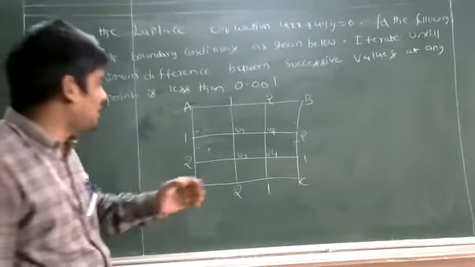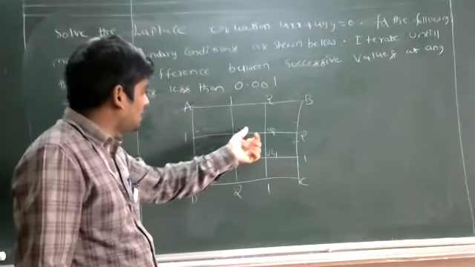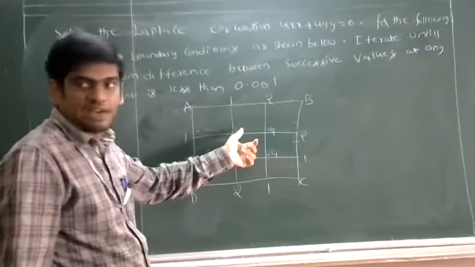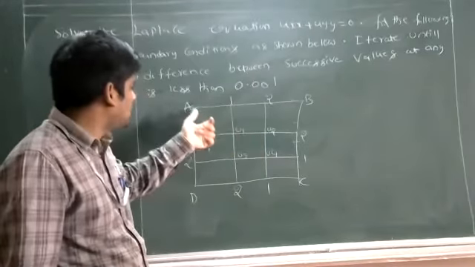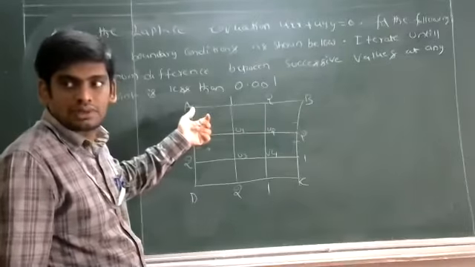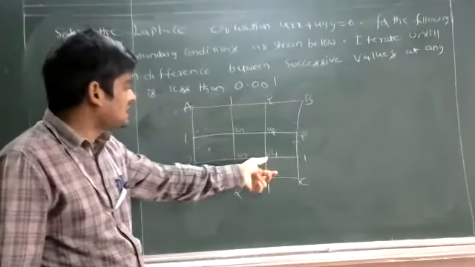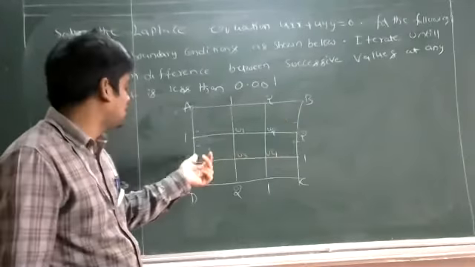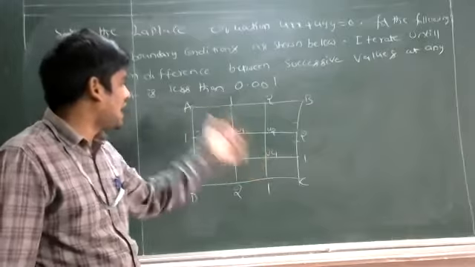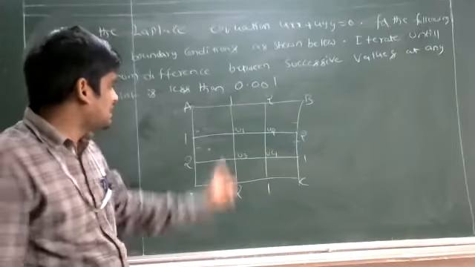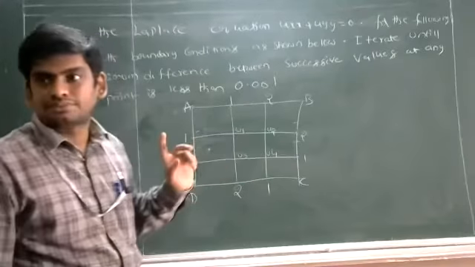Suppose we want to use the diagonal formula for u1. Here this is unknown, this is unknown, this is unknown. Sorry, u2 and u4 are unknowns, so it is not possible to find the value of u1.